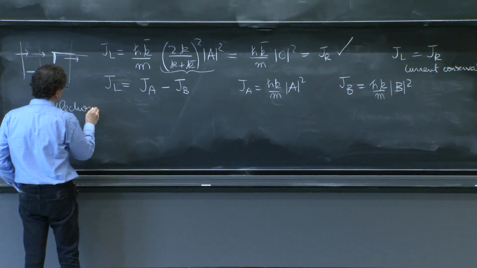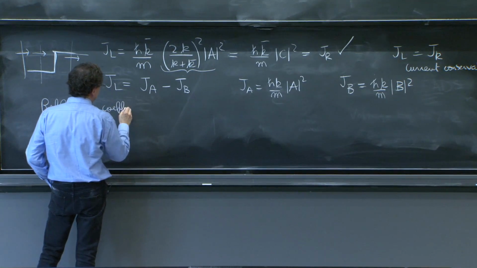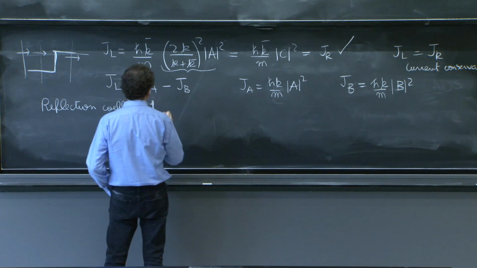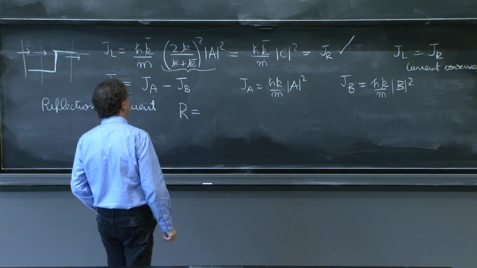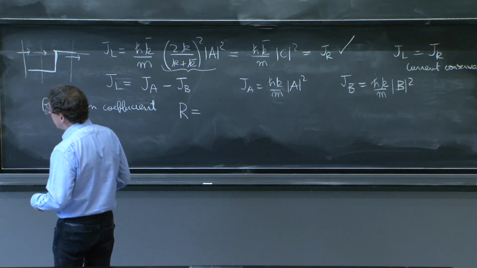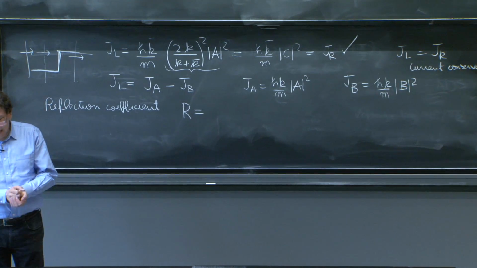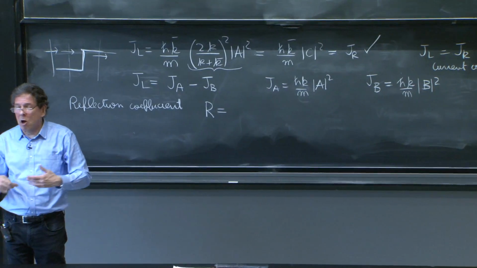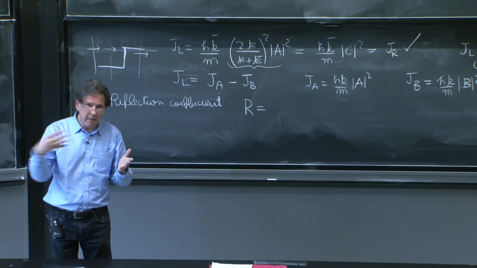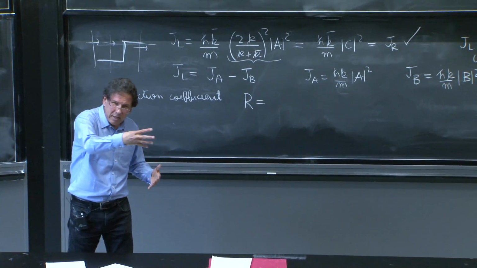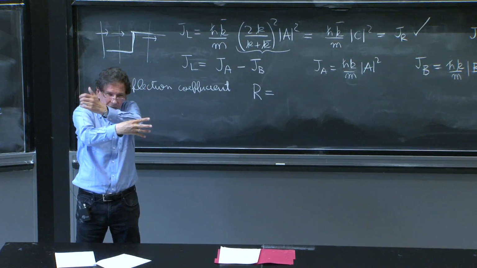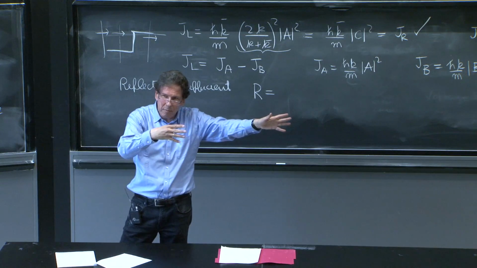Reflection coefficient R would give me the amount of current I get reflected compared to the amount of current that there is incident. You see, the incident current is going to be partially reflected and partially transmitted.